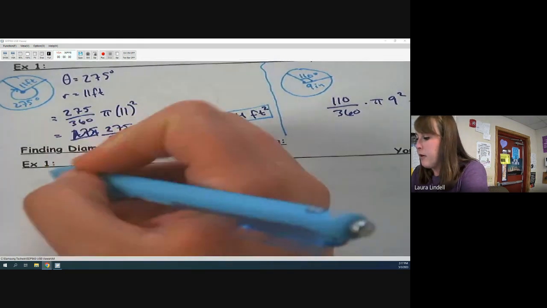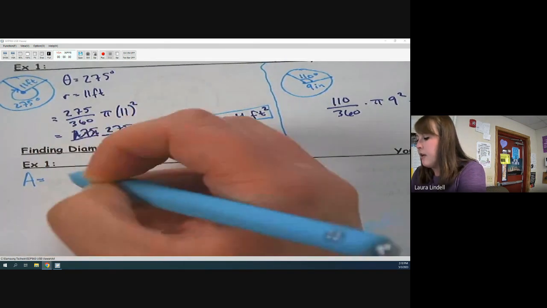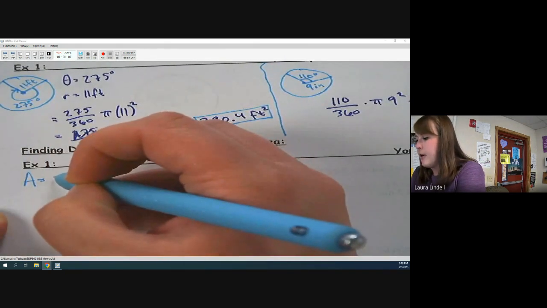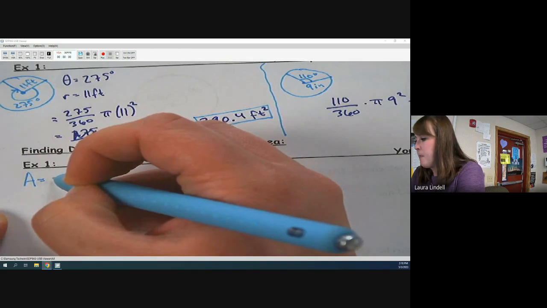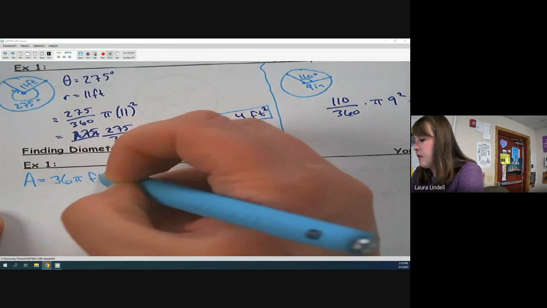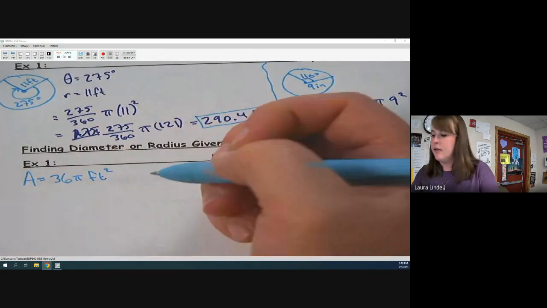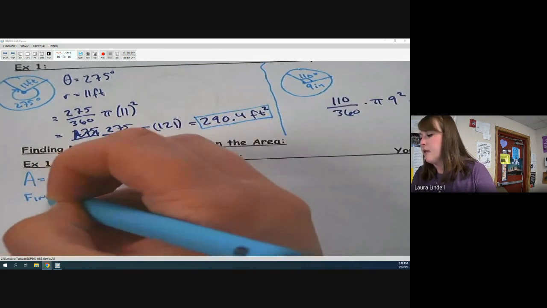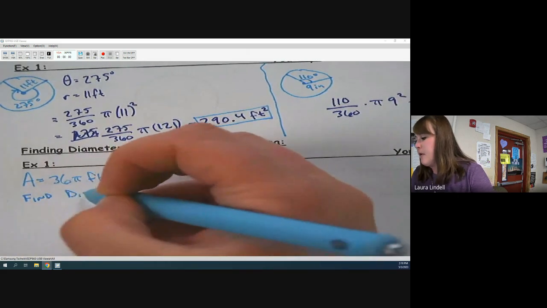So for this first one, we're going to be told the area is 36 pi square feet, and we want to find diameter.